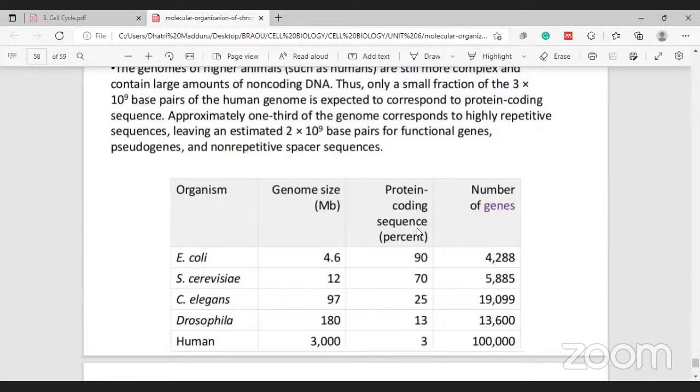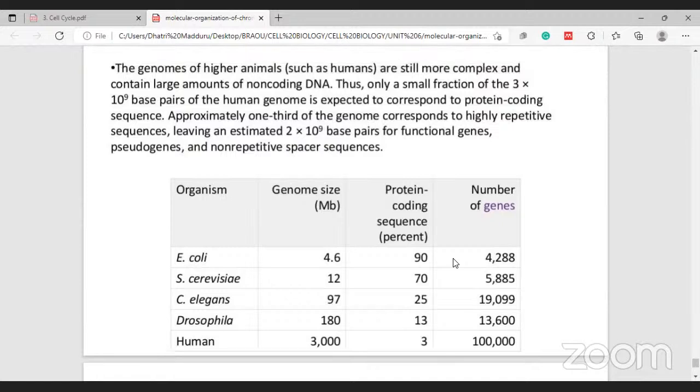But see how much protein coding segment is present. In E. coli 90% of the genome codes for protein, whereas in human beings only 3% codes for proteins. So it is not how much genome is present, but how much of the genome is actually coding for proteins.